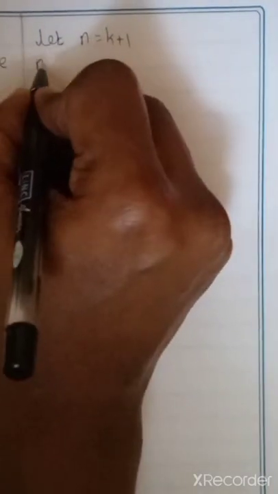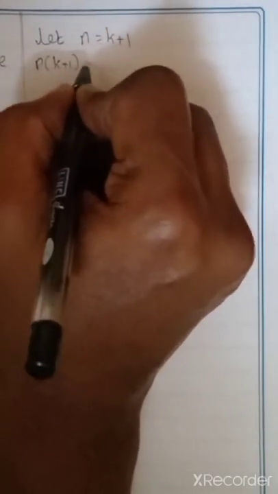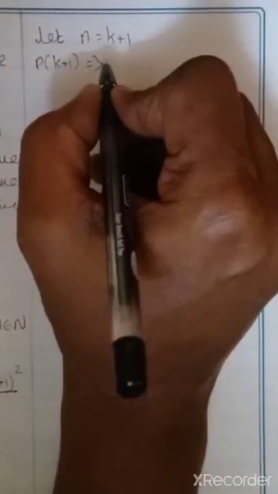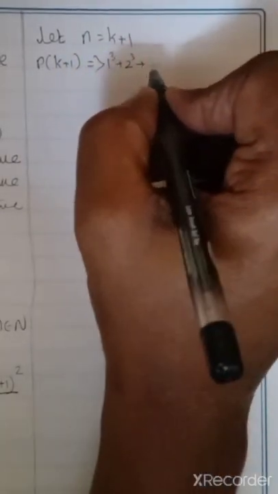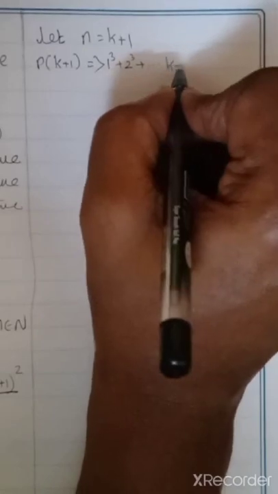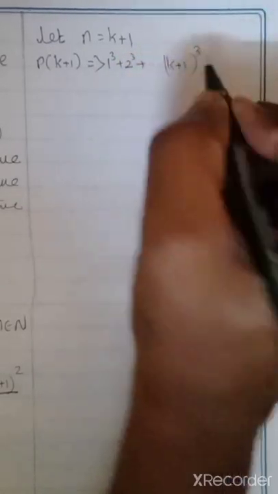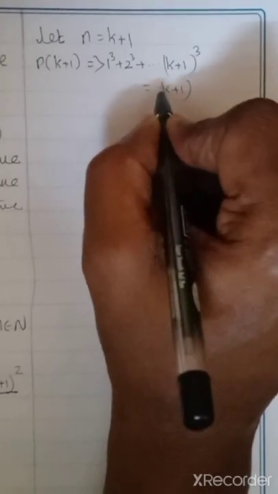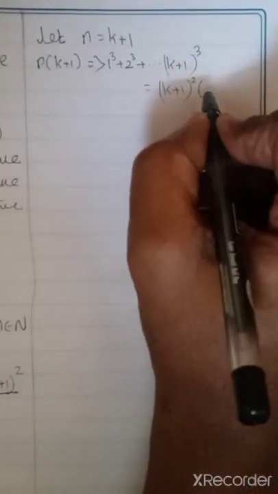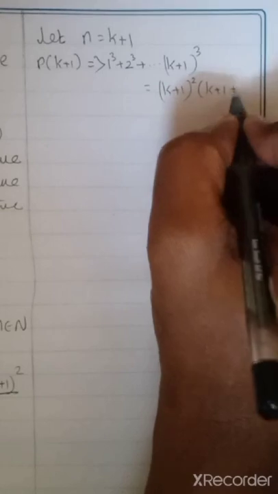Correct? Okay. So we can take P of k plus 1 implies, so 1 cube, 2 cube, etc. Instead of n, what we have to take? k plus 1. So k plus 1 the whole cube. Correct? And what is your right hand side? k plus 1 the whole square, k plus 1, already 1 is there.